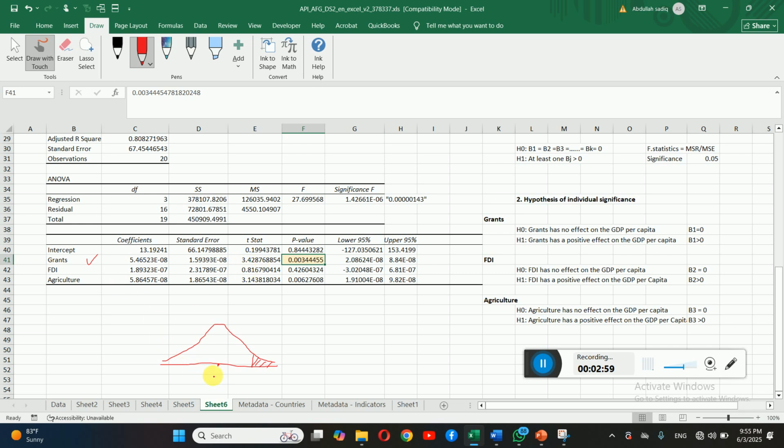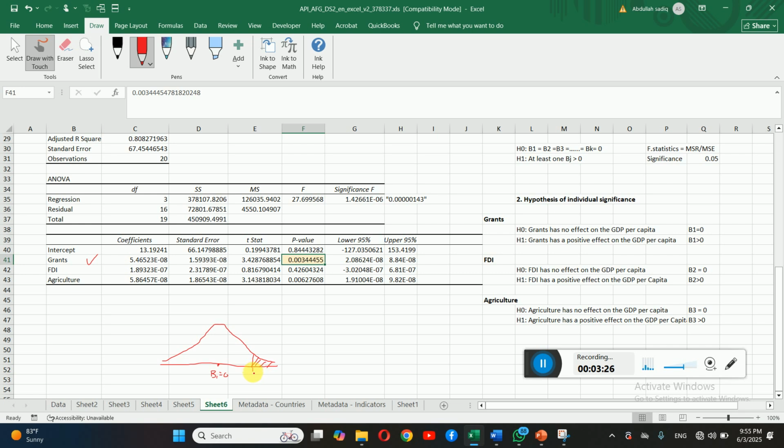So the central value, this is the beta in our example, for example, this is beta 1, and the null value is 0, right? Now when you convert the beta 1 into its standard unit, which is the t-statistic, 3.42, then in the t-distribution, just check where this 3.428 value lies. What is its cumulative probability distribution, dear students?